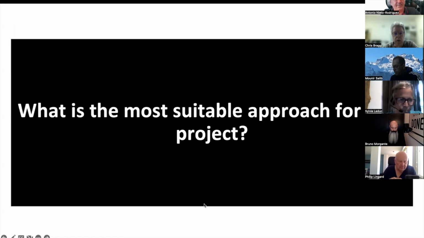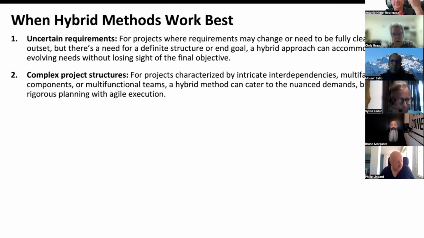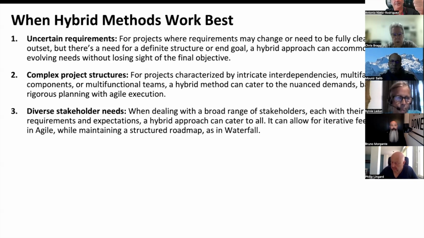But thinking about this, what's the most suitable? So just to oversimplify, I'm sure this is not the final version, but when you look at methods and how to categorize, first is the requirements. If we know them, we don't know them, that's already a big determination. If it's complex programs or it's just a simple project, that has an impact.